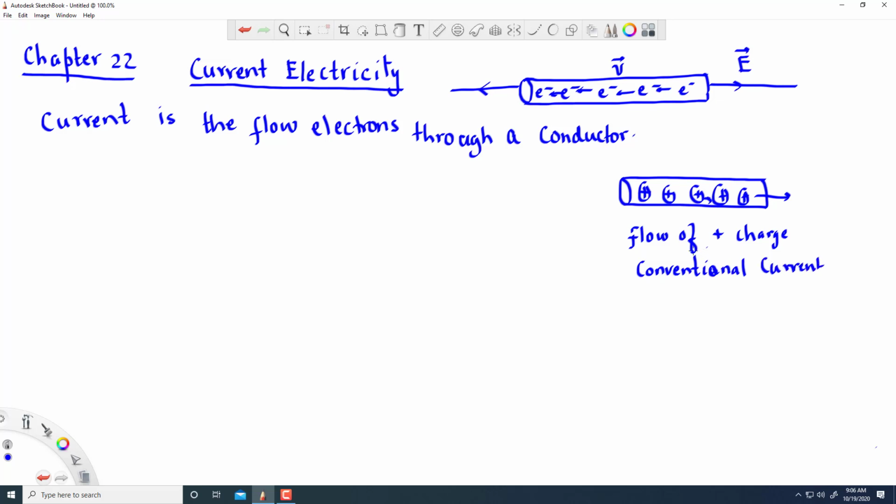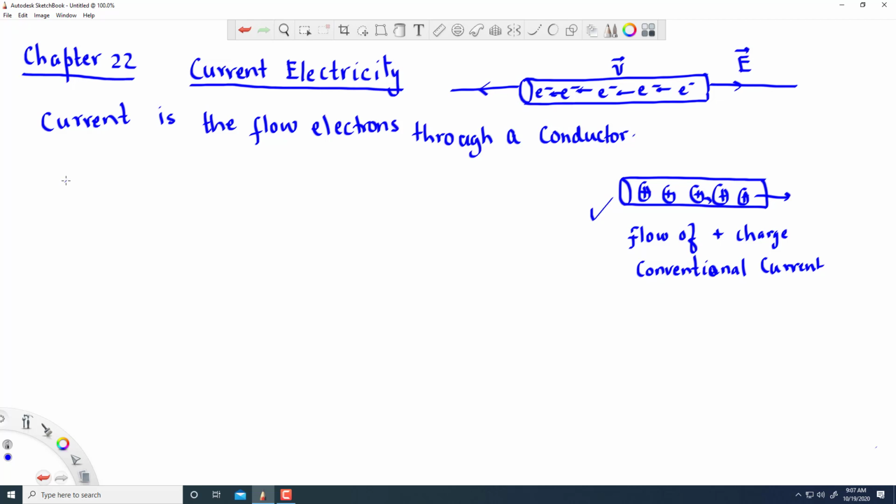Again, it's the flow of positive charge through a conductor, which is not the actual flow, but we still use it because people don't want to change it. We have been using this for a long time. So from now on, whenever we talk about flow of charge, we would be talking about flow of positive charge, which is just opposite to what happens in a conductor. In a conductor, the flow is actually the flow of electrons, but we still consider this. It won't make any difference in our calculations or our different kinds of theories.